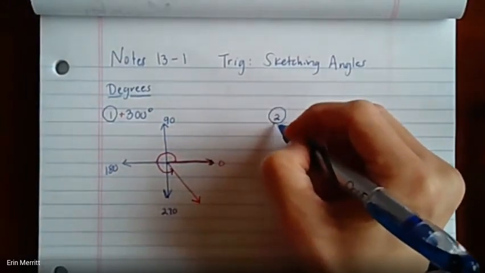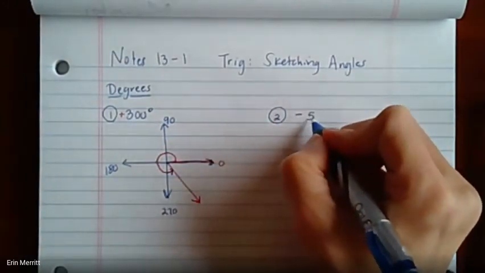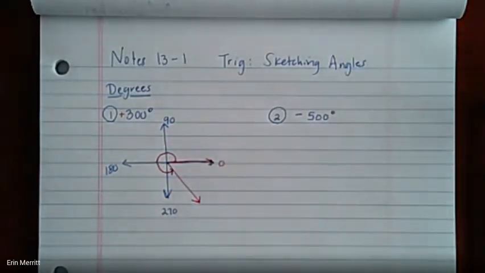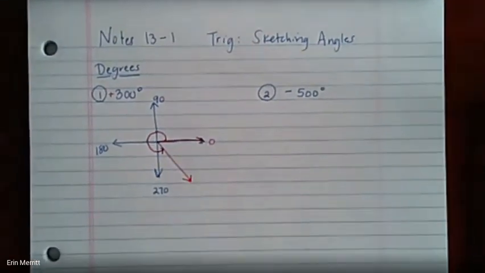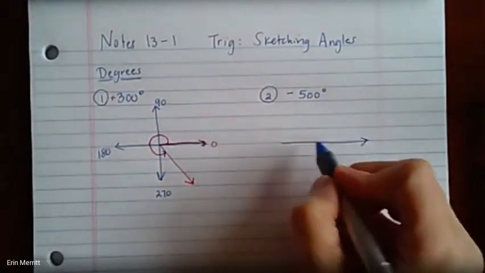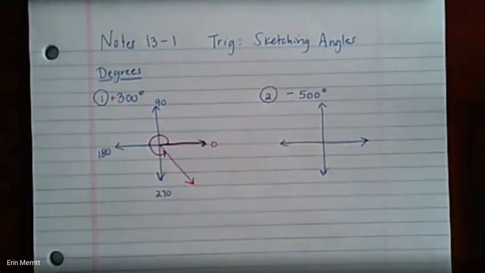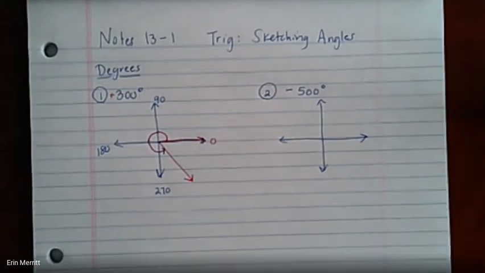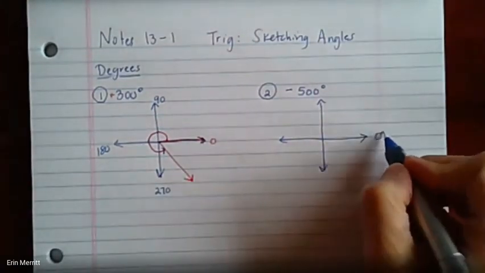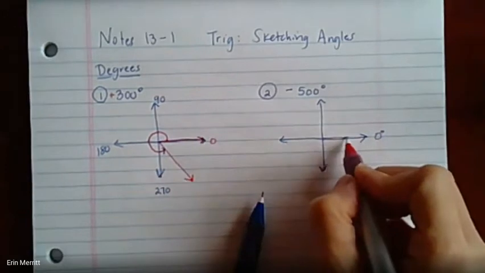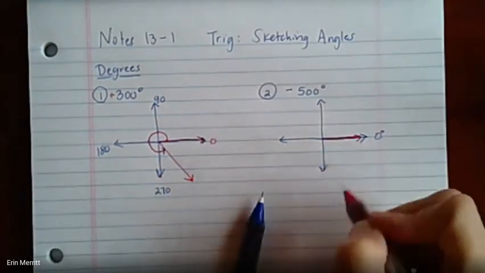So if we do one more, let's do a negative angle measure. So let's say negative 500 degrees. So set yourself up, give yourself a set of axes, and then it might help to label it, but label in reverse. So still start at 0, and your angle's still going to start in that standard position.